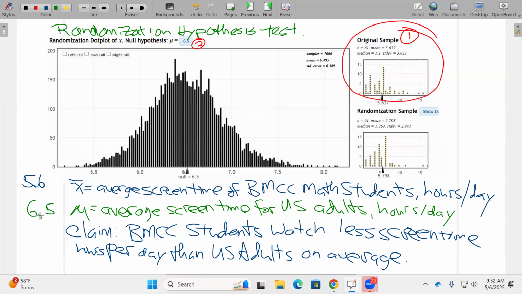All right, so let's see where our sample is. Notice the 6.5 is already in the middle. That's mu, the population. So that's important: population value goes in the middle. And our sample is about 5.6, so there's 5.5, there's 6. I'm going to guess 5.6 is about right here.